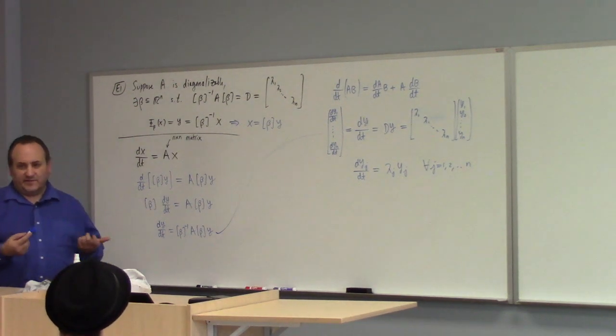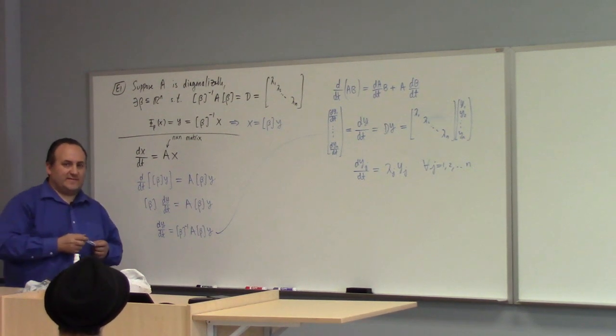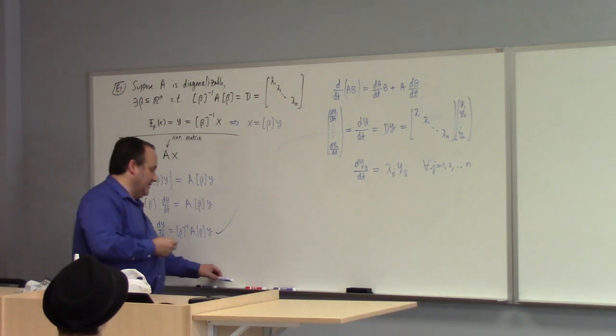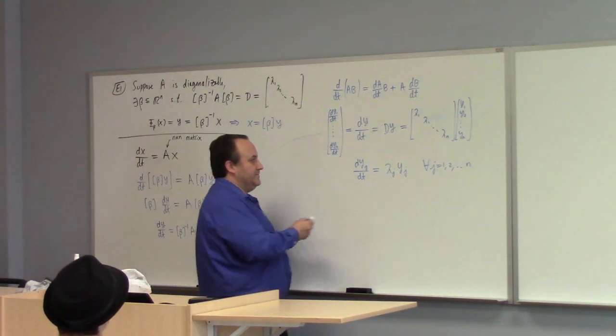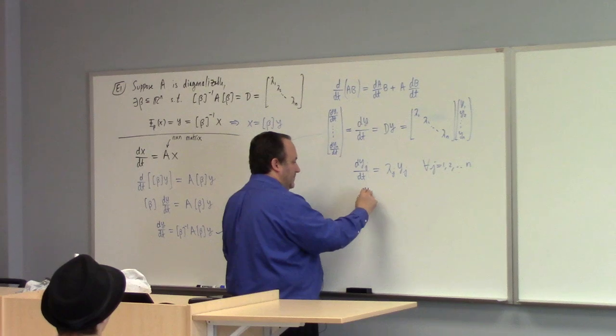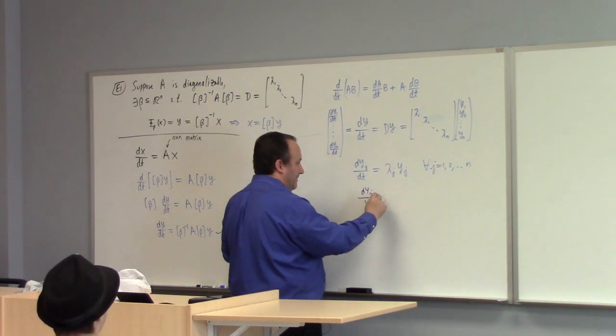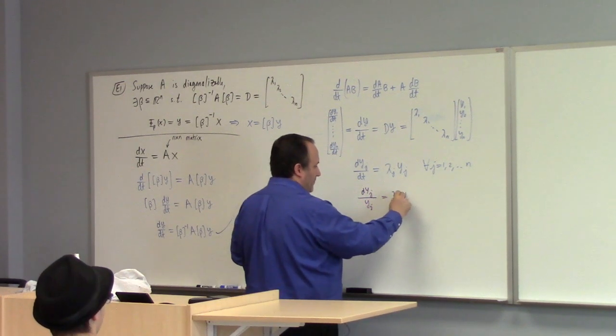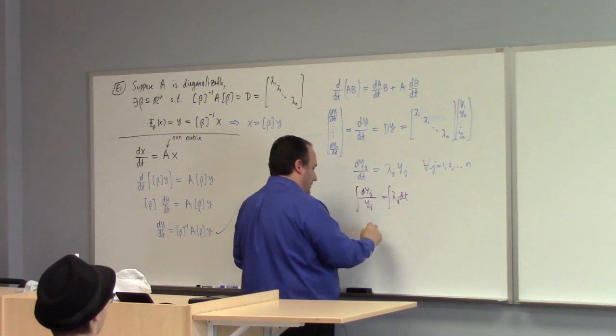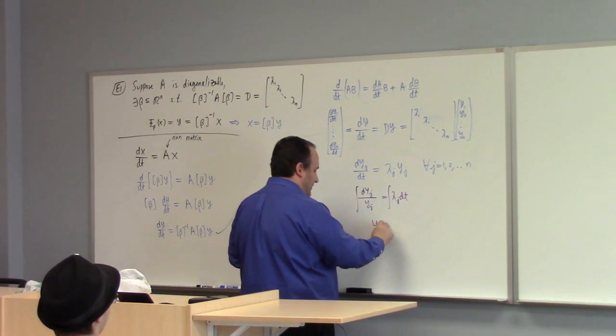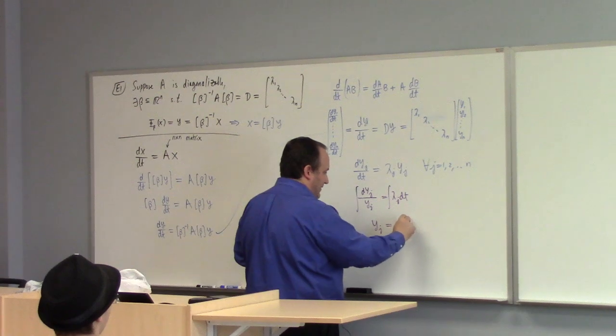If you're here, you've had calculus too, so the answer is yes. That's easy. That's separation of variables, right? Integrate. Lo and behold, we get yj is equal to cj e to the lambda j times t.